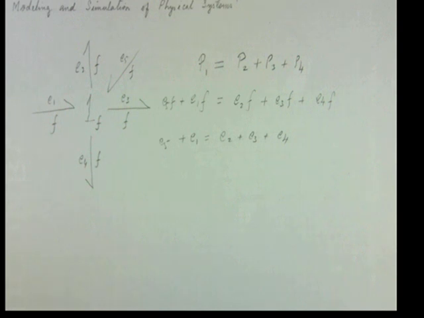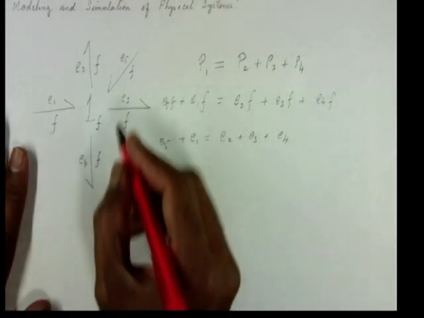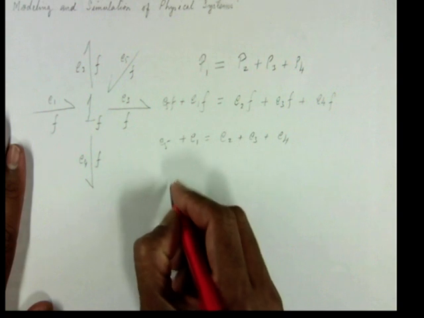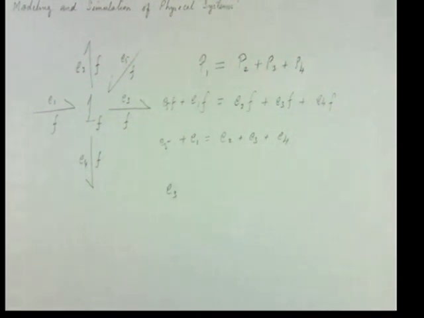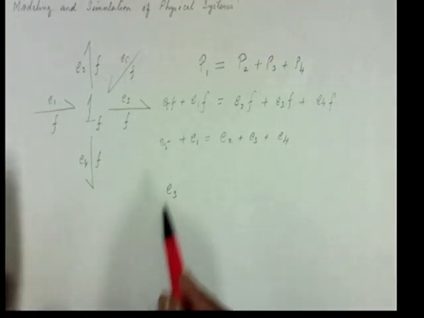Okay, so for a one junction, it is a common flow junction or an effort summing junction, and you can just see that we can write, suppose I am interested in writing effort 3 in terms of the other efforts. You can just see how it can be written.